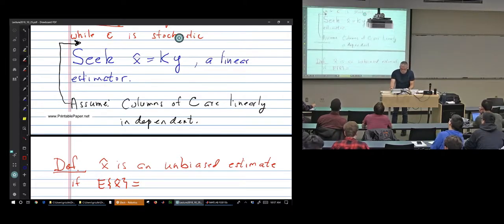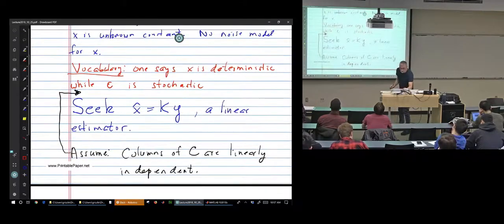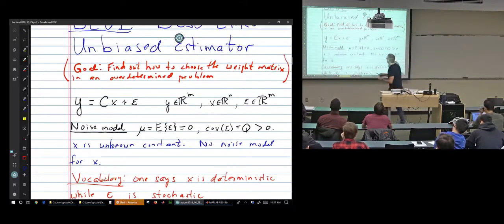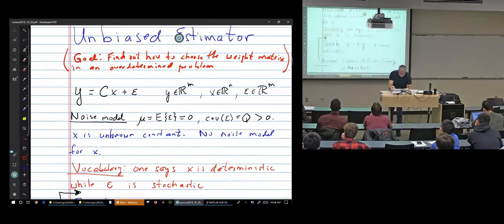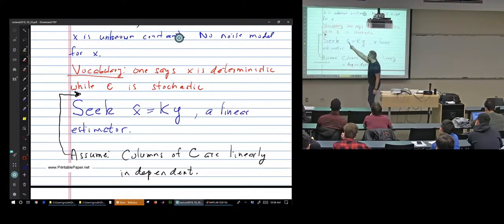So, let's be clear in this problem statement. This is noise. So even if this is a constant, this is now a random vector. All I've done is bias this random vector by this thing. So this is random. X hat is K times something random, so X hat is random. What do you think I want its mean value to be? X itself, right?